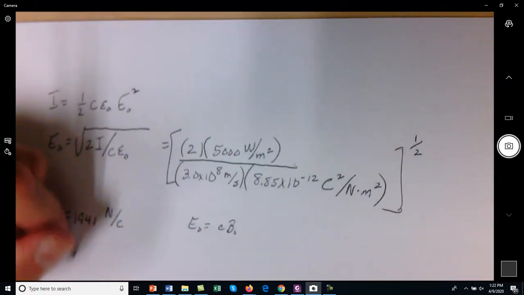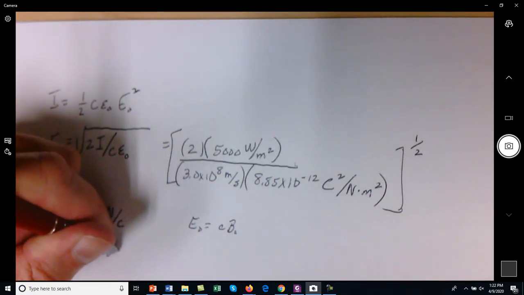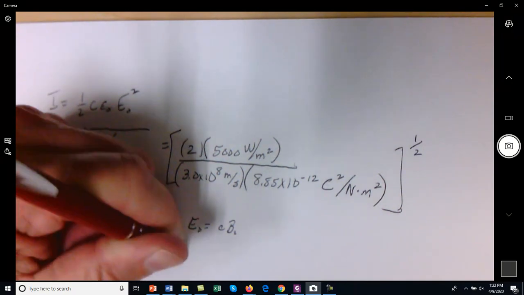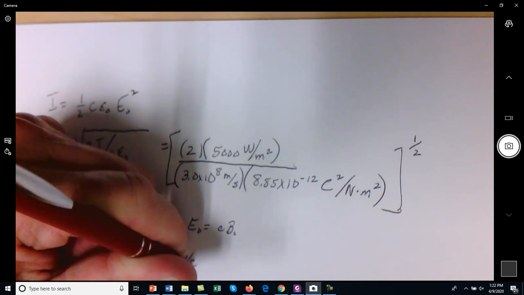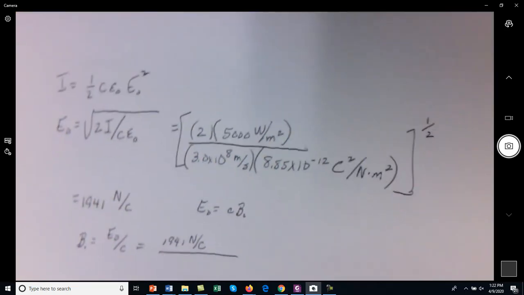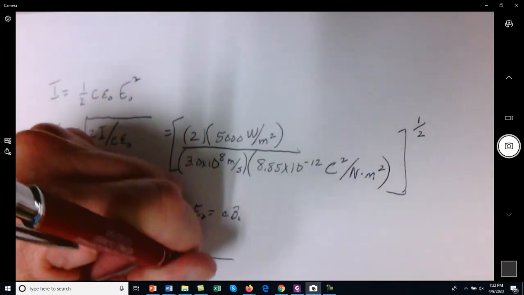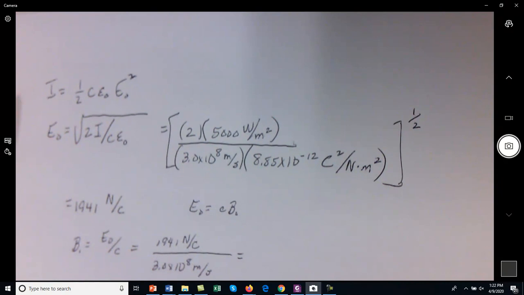Okay, so B naught is just equal to E naught divided by the speed of light. Okay, so I calculate that.